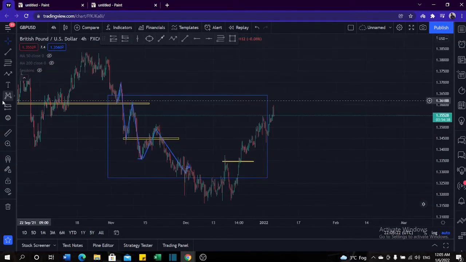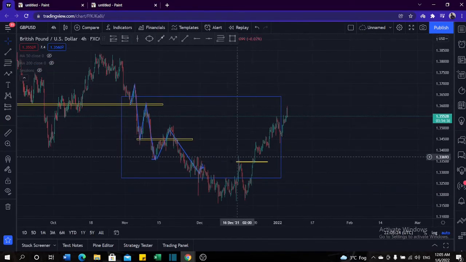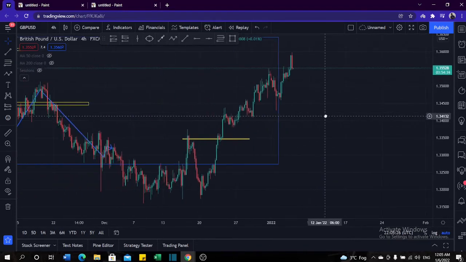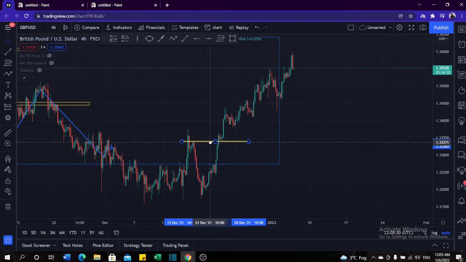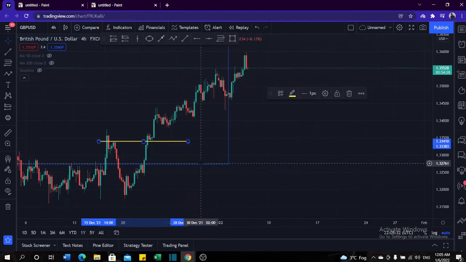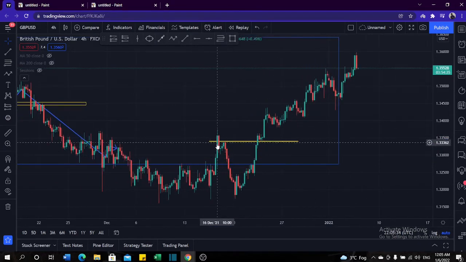So another area where we can see a break and retest, I'm going to take advantage of this area right here. This acted as support and resistance for a while, but it acted as resistance. It tried to break the structure, but it was resisted and came back down.